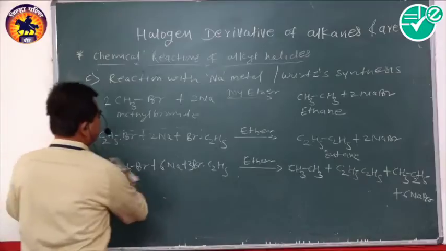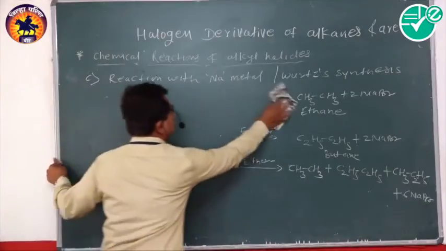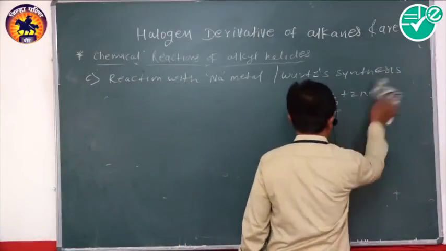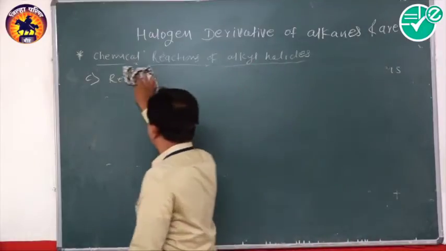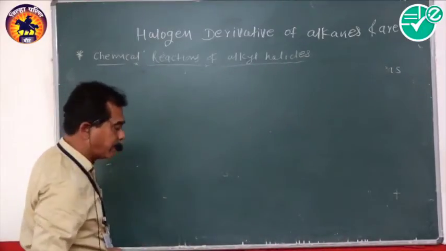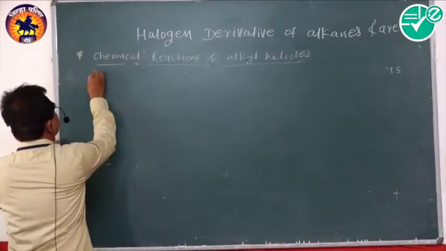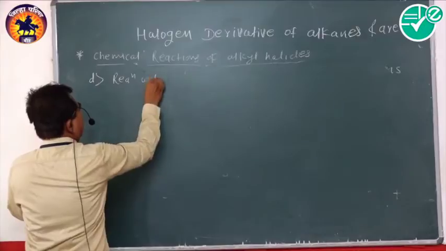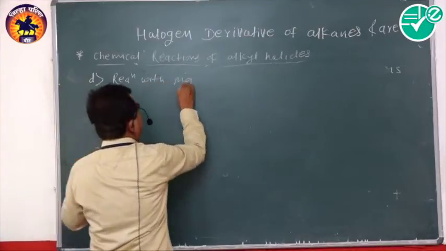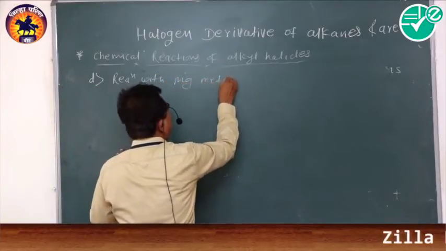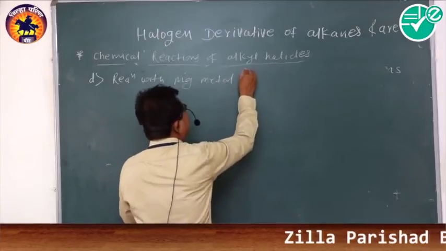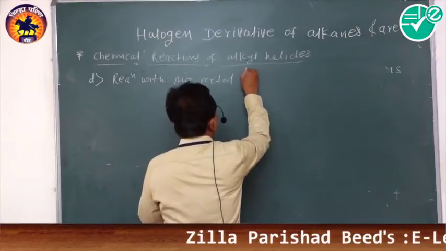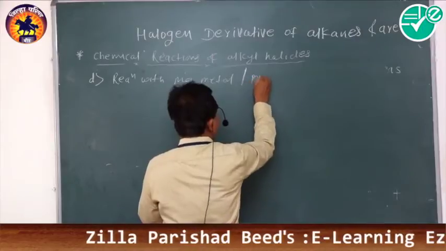Then the next chemical reaction is the reaction with magnesium metal, or preparation of Grignard reagent.